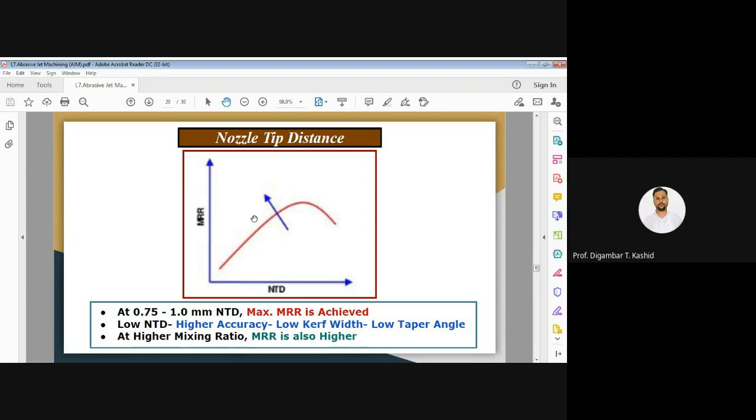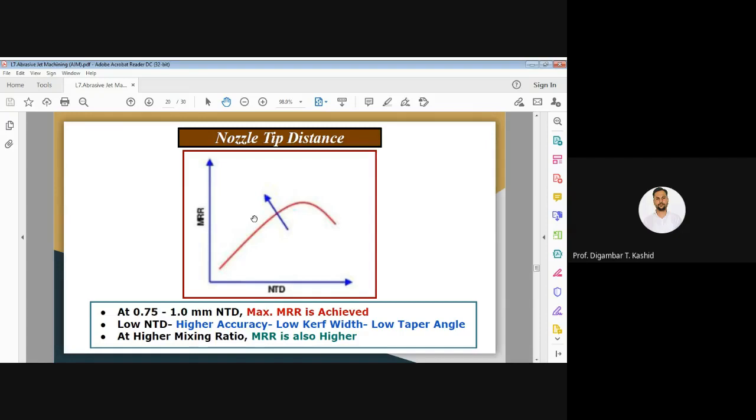After reaching that maxima, it starts decreasing. For example, at 0.75 to 1 mm as a nozzle tip distance, the maximum material removal rate is achieved. Now, if the nozzle tip distance is low, you will get higher accuracy.